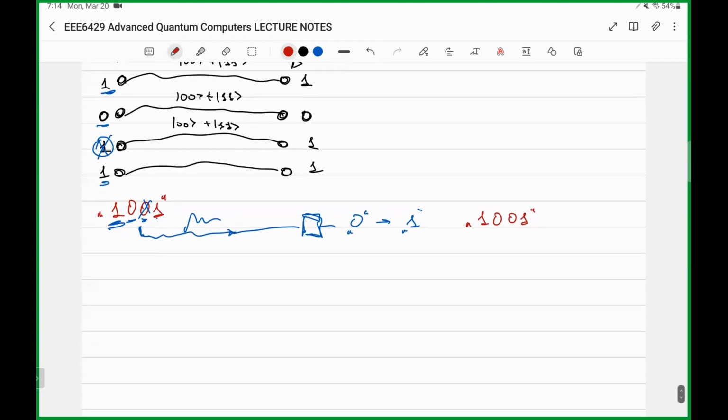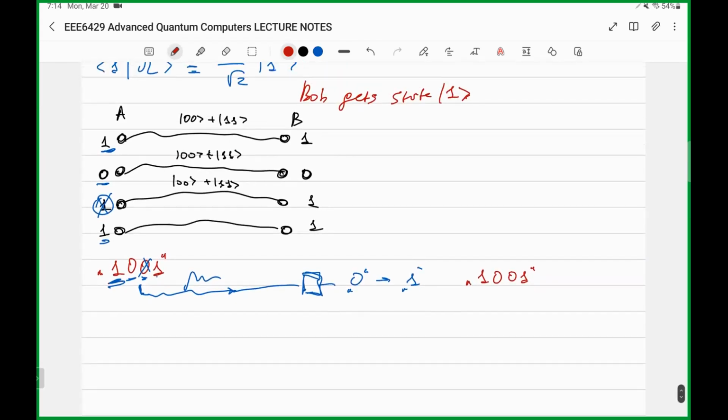So what's the point of this? The point is that for half of these operations, when the result of the measurement corresponds to the information that Alice needs to send to Bob, when this result and the string coincide, they are the same, they don't need to share the correct bit.